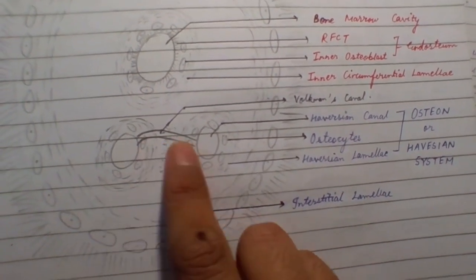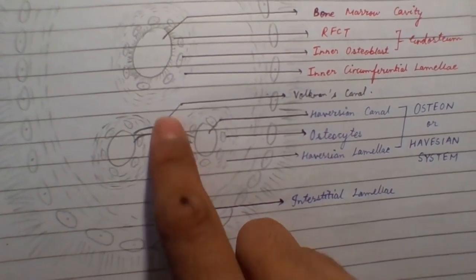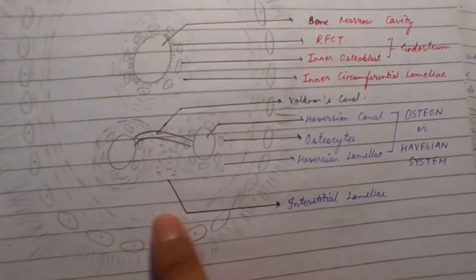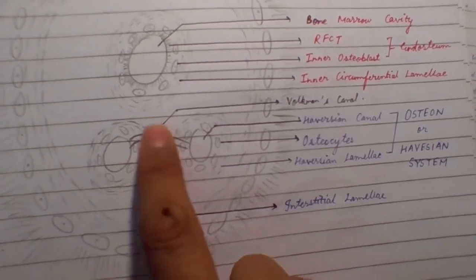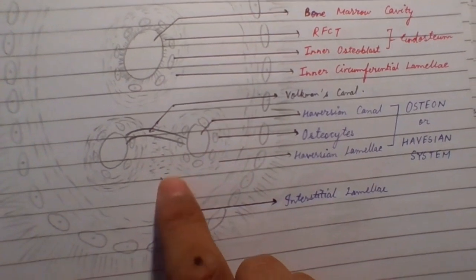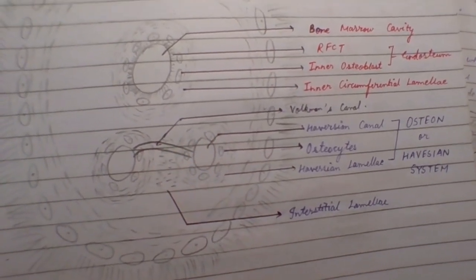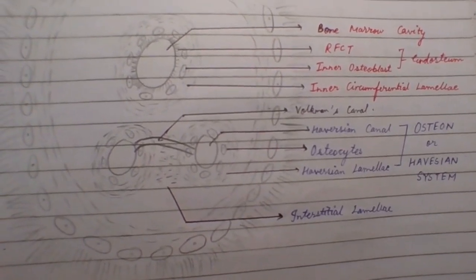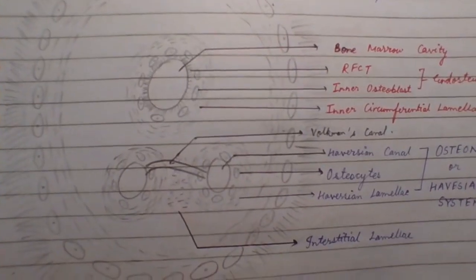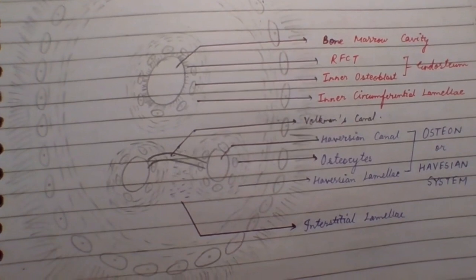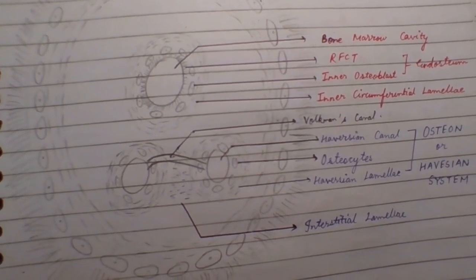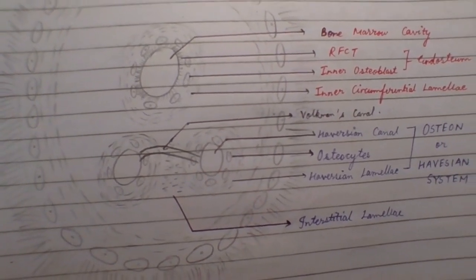Okay, and see, this also starts increasing. These also start increasing, and they also secrete matrix. So there comes a point where all these three lamellae get mixed up, and it is not sure which layer of osteoblast has made that particular lamellae, or you can say matrix.